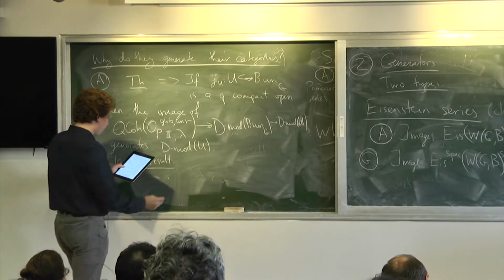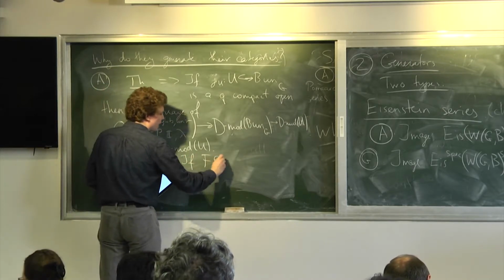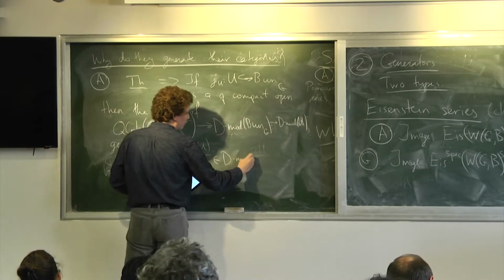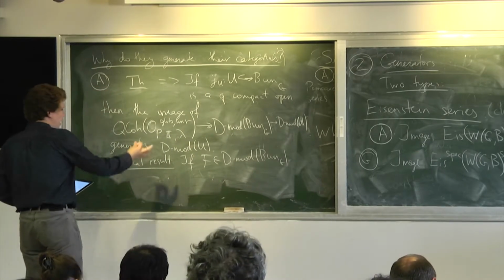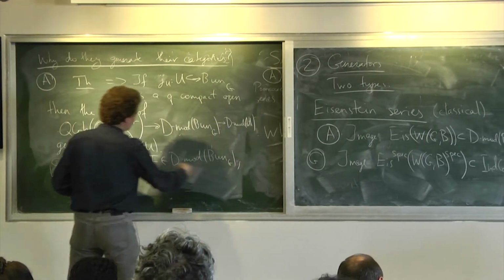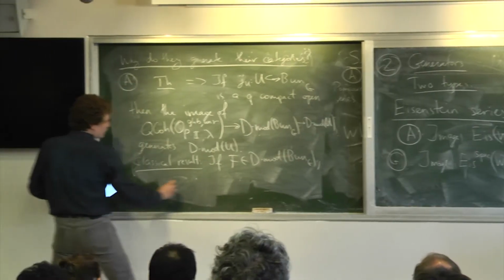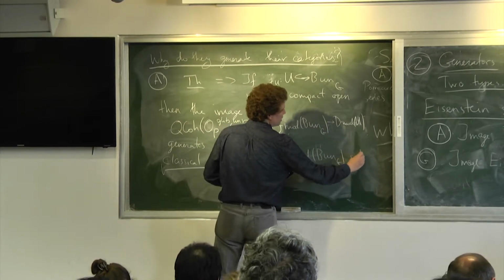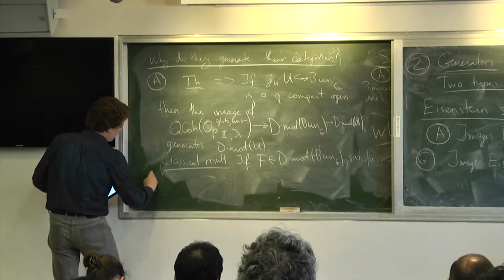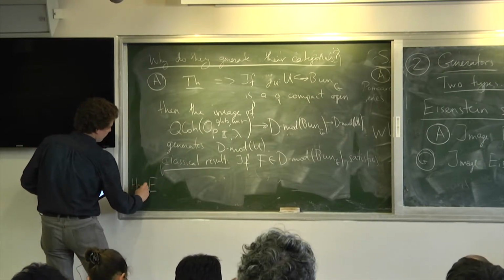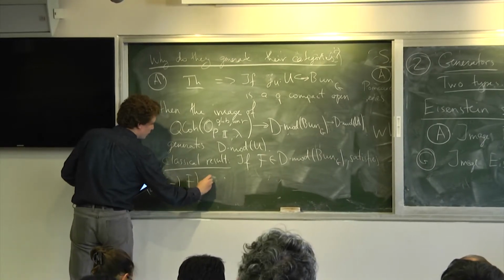So if there is a D module that is such that it's right orthogonal to the image of the Eisenstein series functor, so if it satisfies Hom from anything Eisenstein to F is equal to 0.